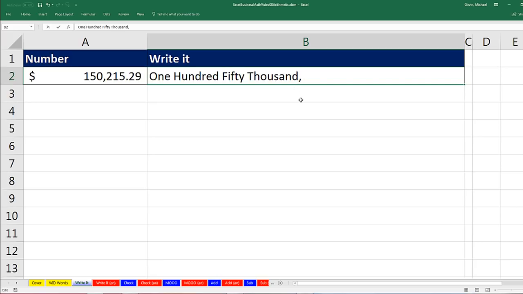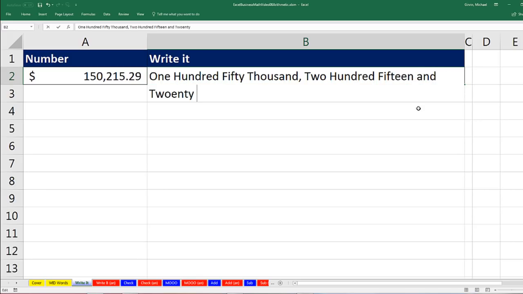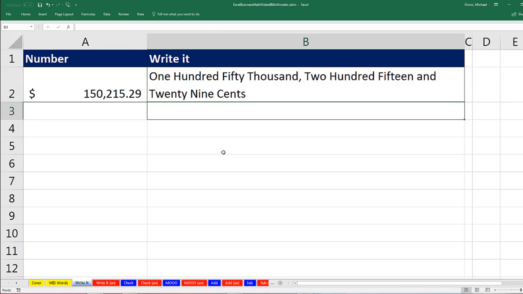Not all the time on checks do people write commas, but I'm going to write a comma. 200. That describes that digit right there. Then we need to write 15. 150,000, 215, and this is where we write the and, 29 cents. Hopefully I spelled it right. I'm going to have to backspace. And when I hit enter, we have written out this number with English words.